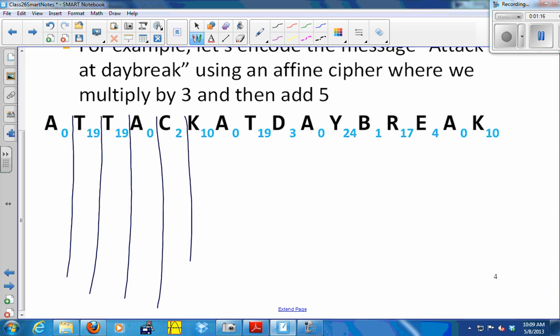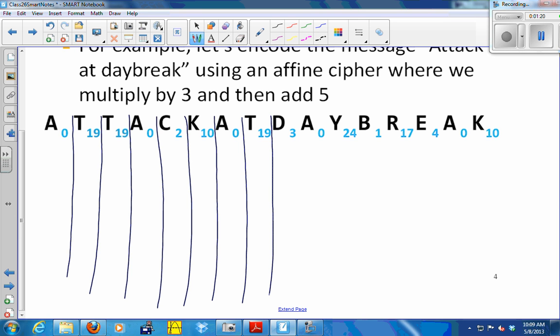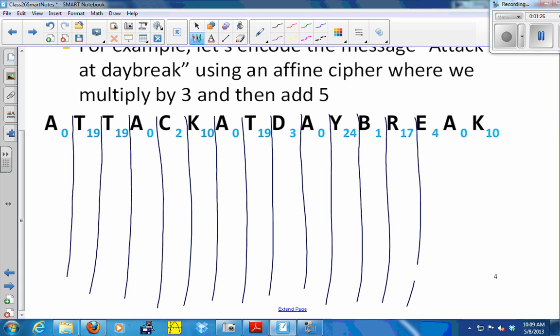Put in some vertical lines here. Okay, so my encoding process says multiply by 3 and then add 5. So no keyword or anything, just take each number, multiply it by 3 and then add 5.